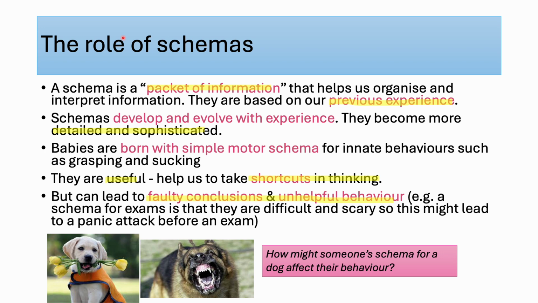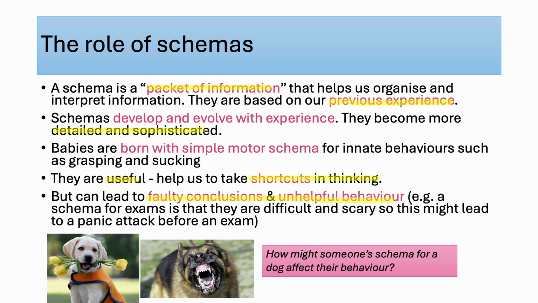So if someone has a schema of a dog that is cuddly, soft, gentle, cute, etc., they're going to respond to that dog positively, pet it maybe, maybe have a dog of their own and be very positive about dogs. However, if someone has a schema for a dog that they're very aggressive, maybe that they're not very attractive, that they're dangerous, etc., that's going to affect their behaviour and how they respond to dogs in the future.